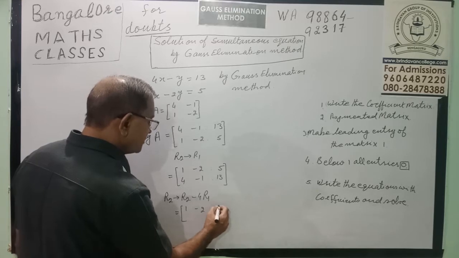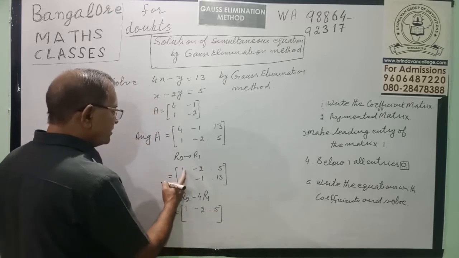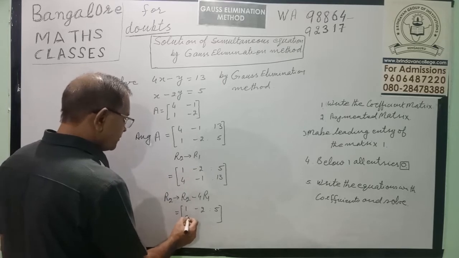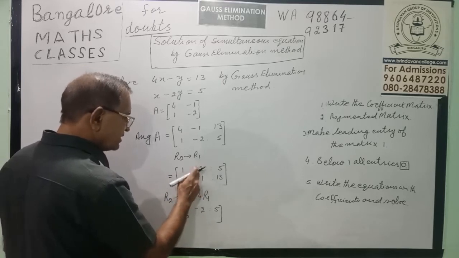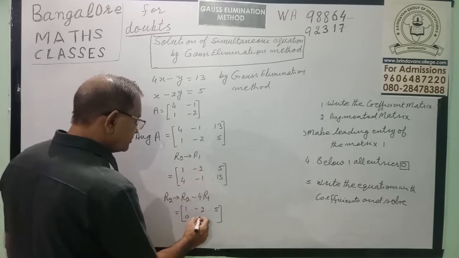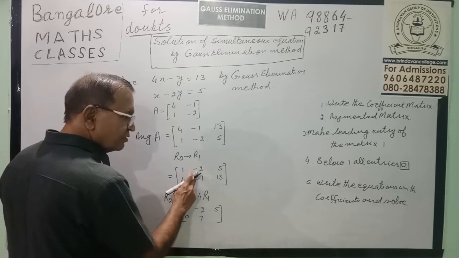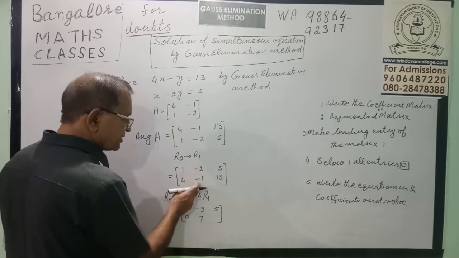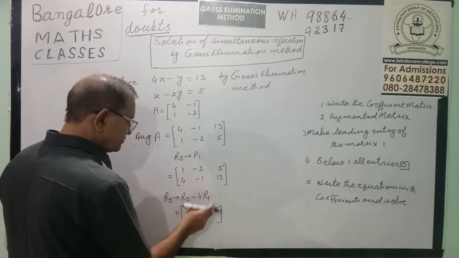Operation is with R2 only. Multiply by 4 and subtract, we will get 0. Multiply by 4 gives minus 8, and subtract, minus minus plus, so 8 minus 1 will be 7.